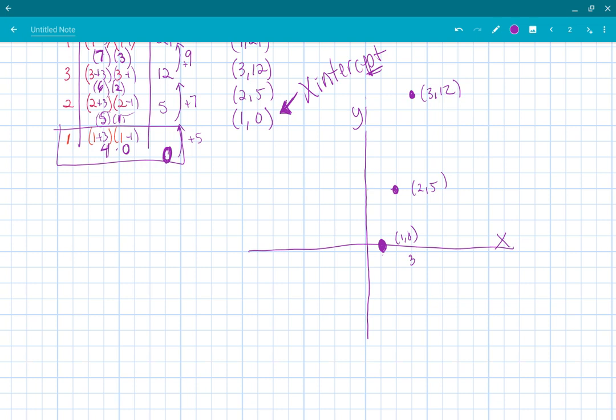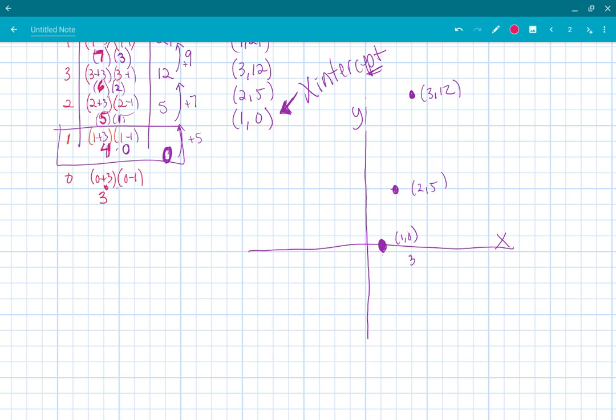What's below 1? 0, right? Remember the pattern? 7, 6, 5, 4. What do you think the next number is going to be? 3. Let's follow the pattern. 0 plus 3 times 0 minus 1. So what is 0 plus 3? 3.